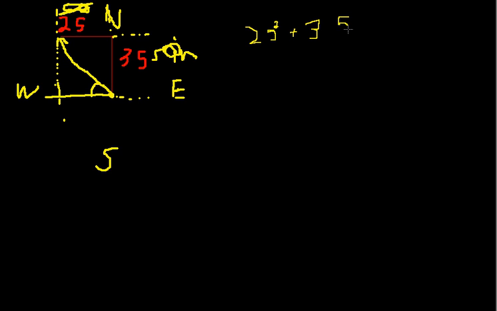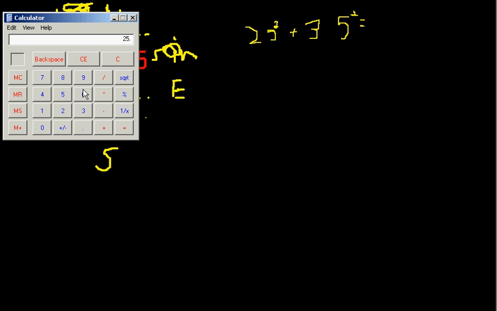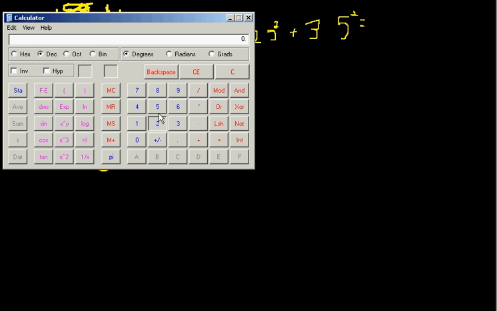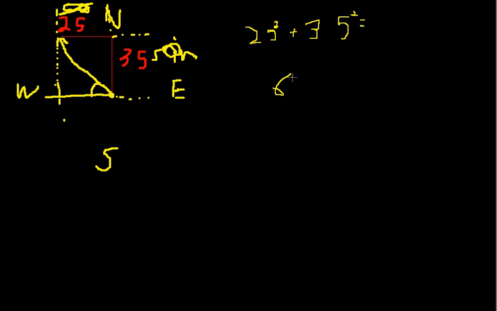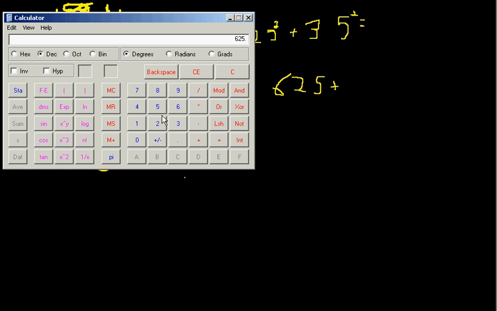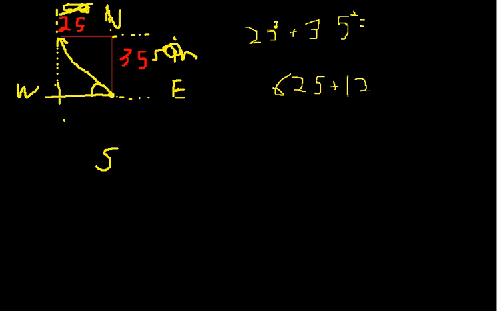35 squared equals, let's see, let's view the scientific calculator. 25 squared, you get 625, so 625 plus 35 squared, I think I remember, yeah, 1225. Isn't that neat how you add 10, and when you square it, it's almost double?